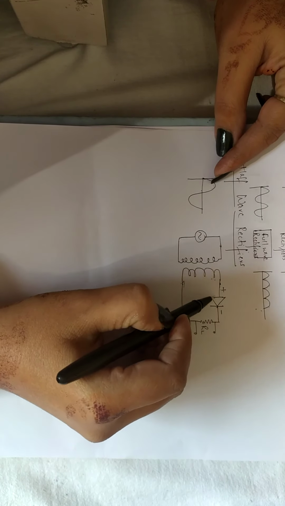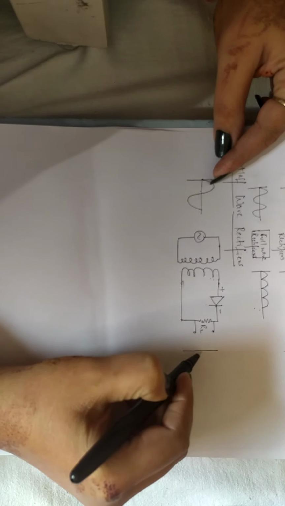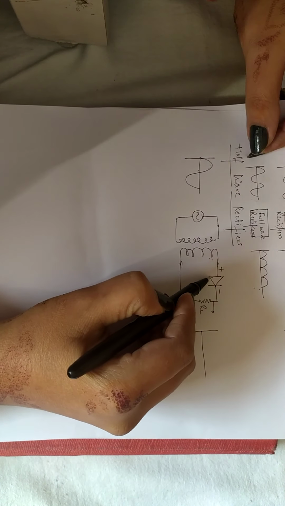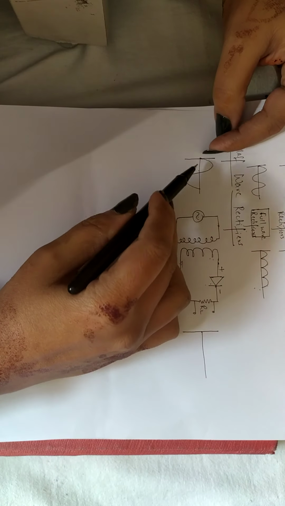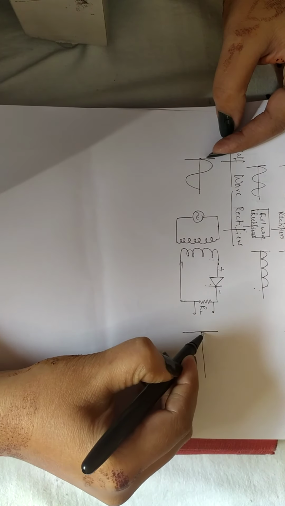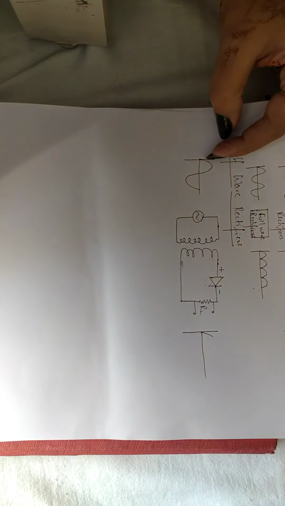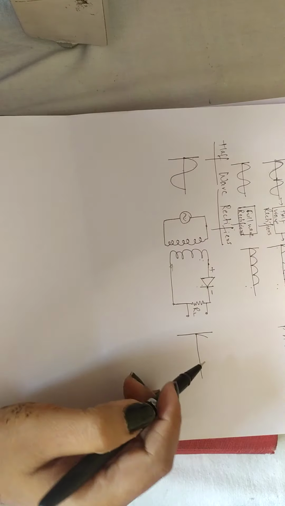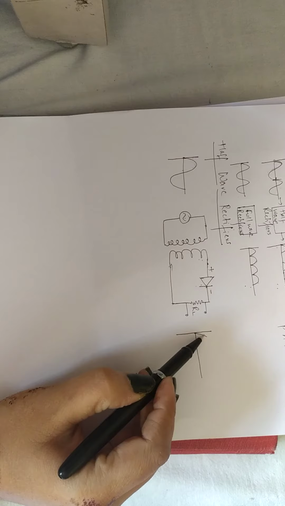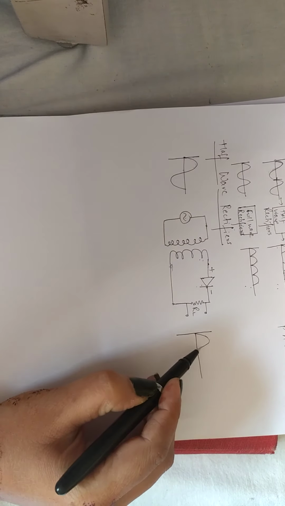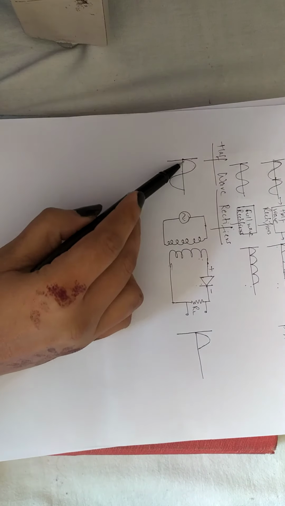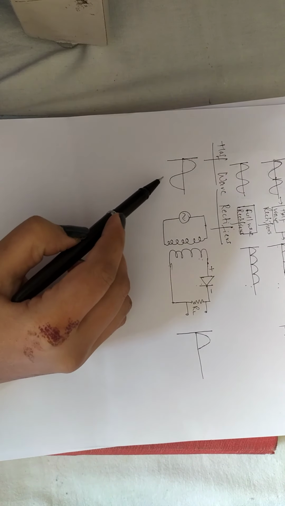In forward biasing it will conduct, because it has the least resistance. Whatever current it gets, if the current is increasing here, it also increases in the output. If it decreases, it also decreases. So it gives you the same output as the input.